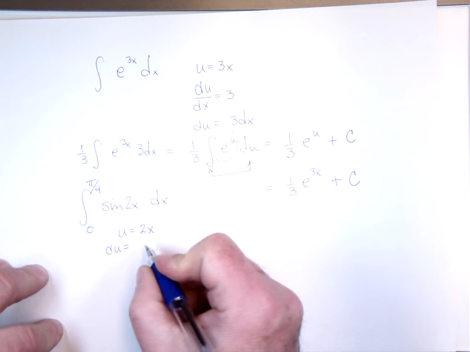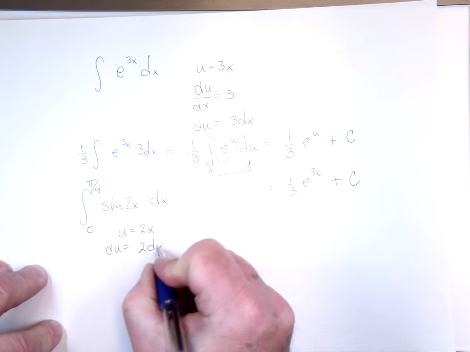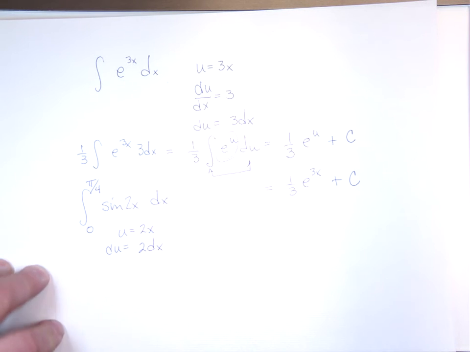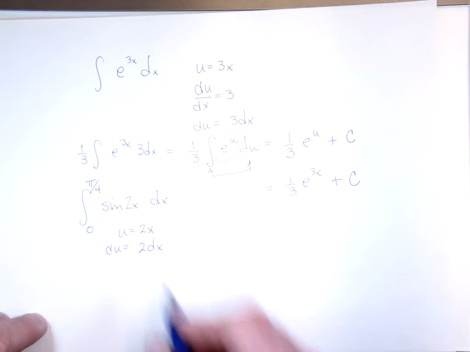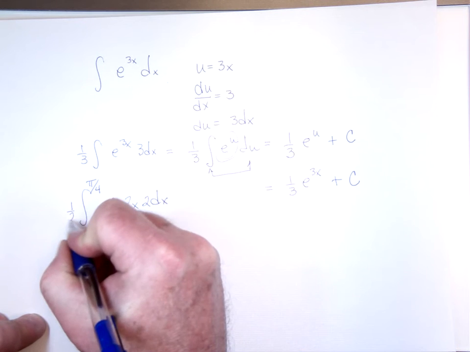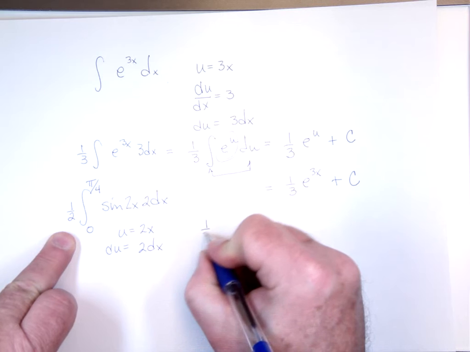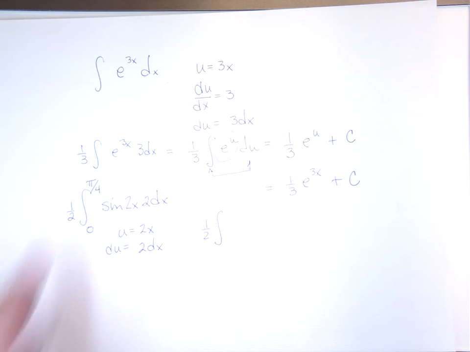du is 2 dx. I'm going to bring the dx over. In order to make this replacement, I'm going to multiply by 2 and by 1/2. Okay? So I have 1/2, the integral of... Now, you've got to be a little bit careful here. You've got two possibilities.